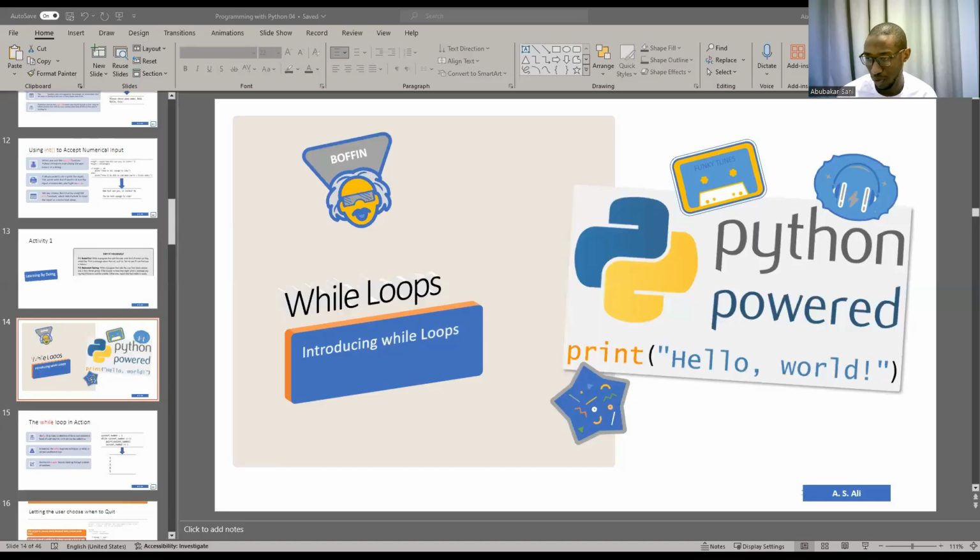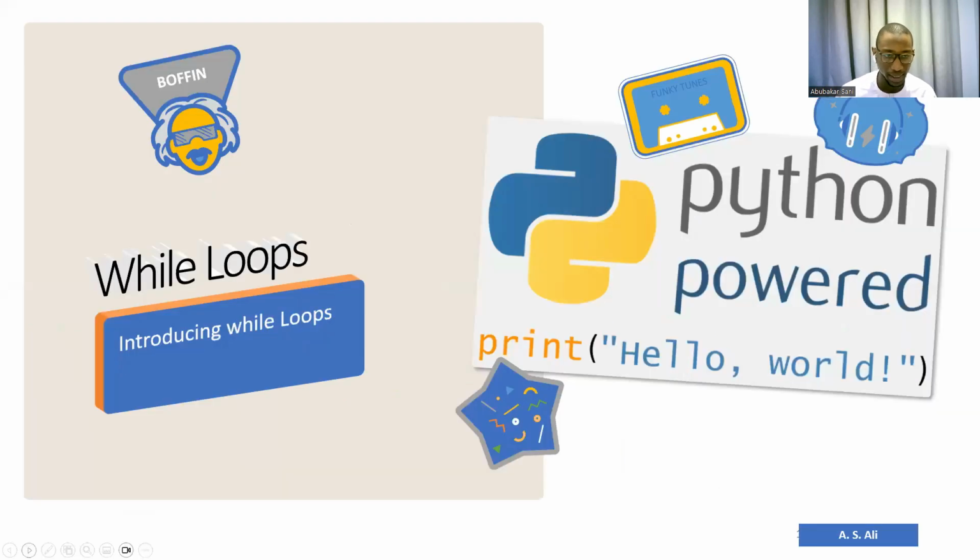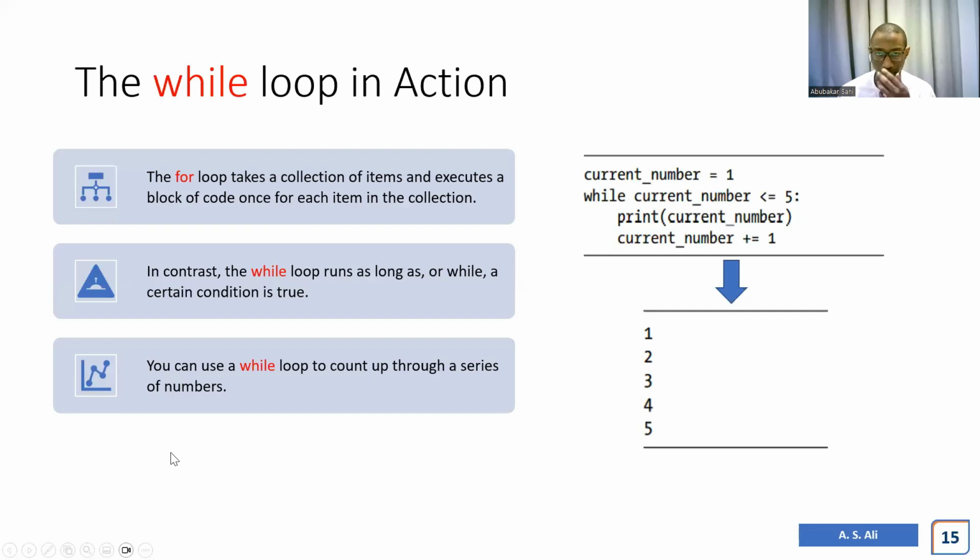The while loop is also like the for loop. I'm sure you remember the for loop where we iterate over our iterable, for example, a list, a tuple, or a dictionary. In the for loop, we take a collection of items and execute a block of code once for each item in the collection.